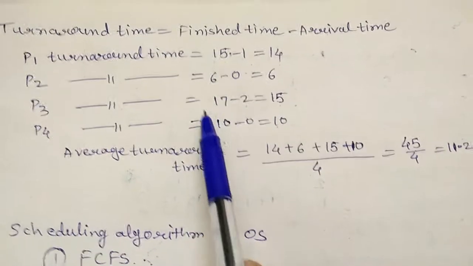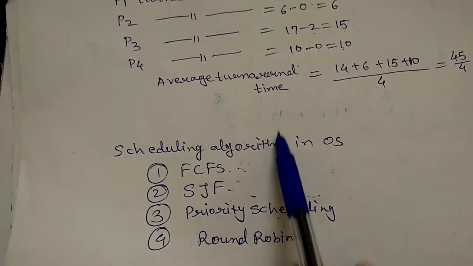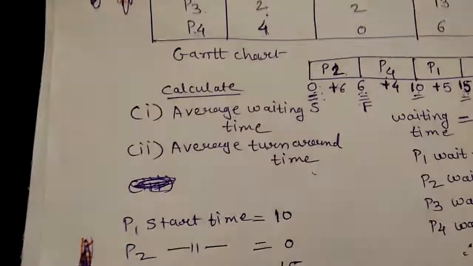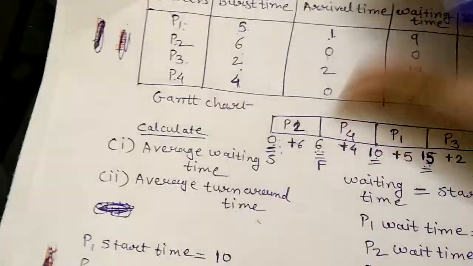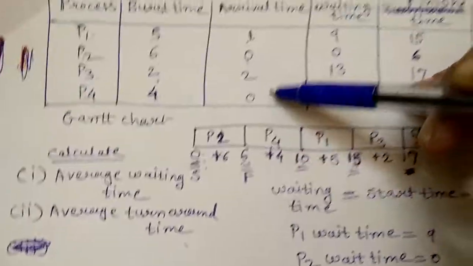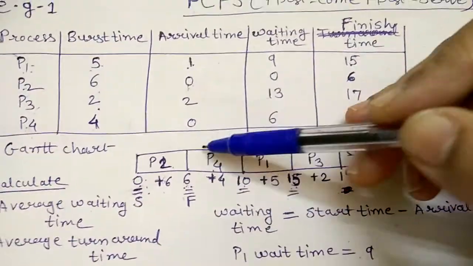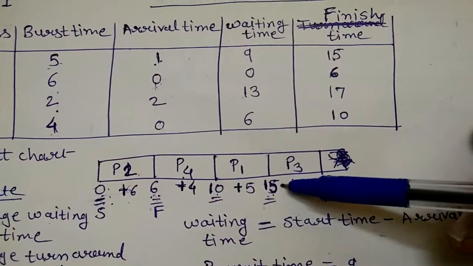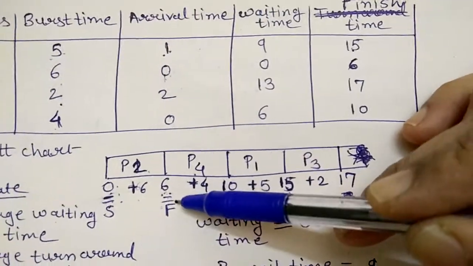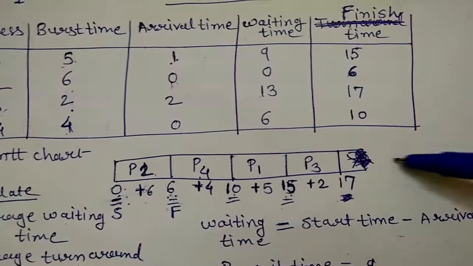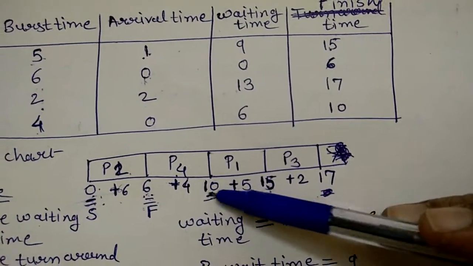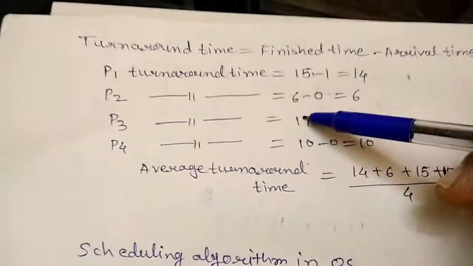So we have determined the finish time by the Gantt chart. See, the Gantt chart gave us the finish time. So the finish time for P1 is 15, P2 is 6, P3 is 17 and P4 is 10. Fine. Is it the same? Yes. We have got it.